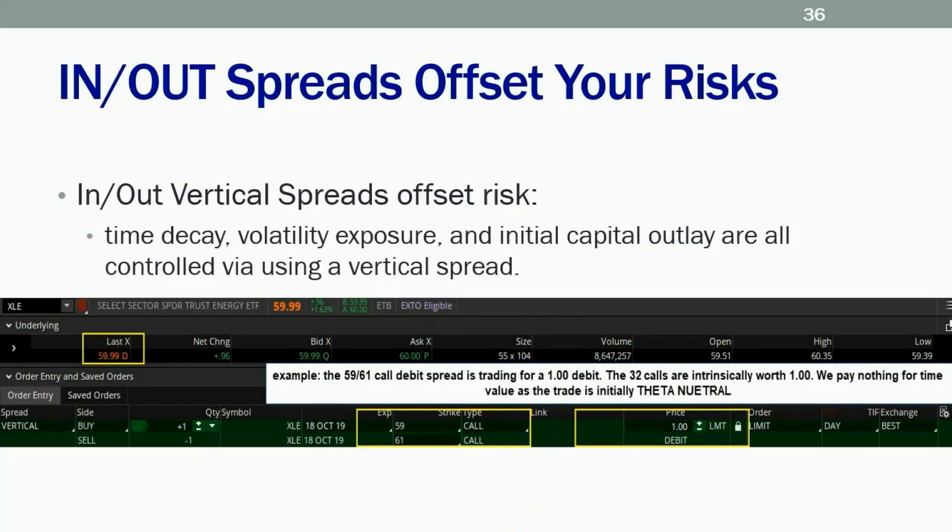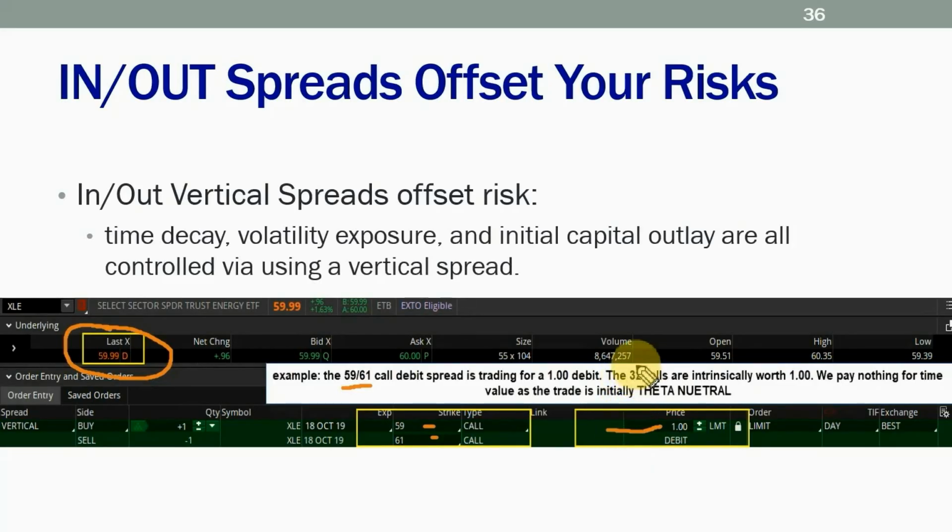For those of you who have never heard this terminology before, the stock right now is trading at 60. And the 59/61 call debit spread, that's what this is, is trading for a $1 debit.